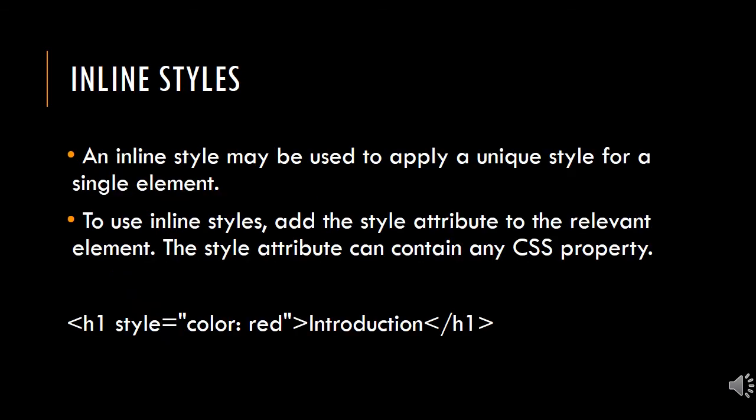You can apply properties and values to a single element by using the style attribute in the element itself. Inline styles apply only to the particular element in which they appear. Inline styles should be avoided unless it is absolutely necessary to override styles from an embedded or external style sheet.